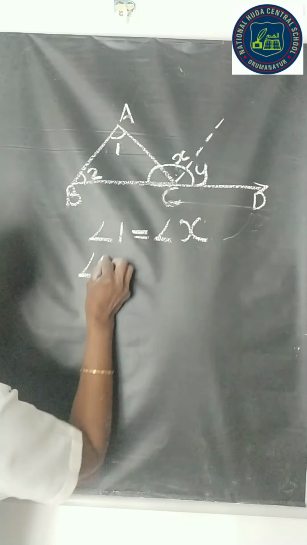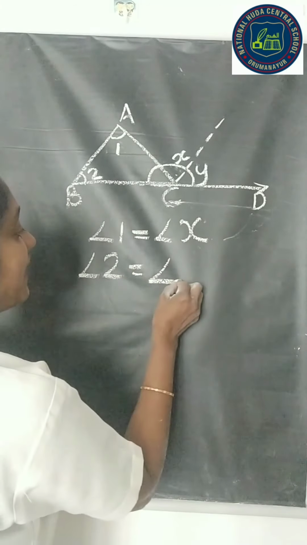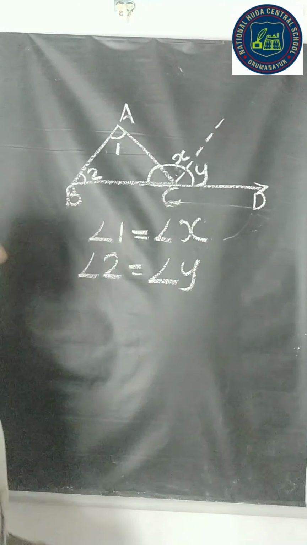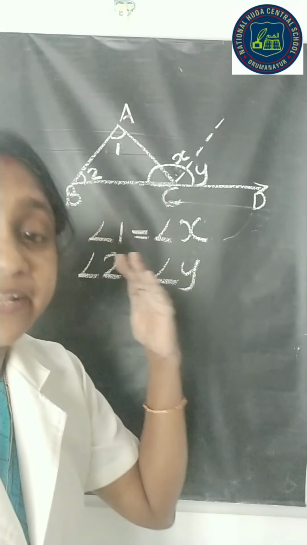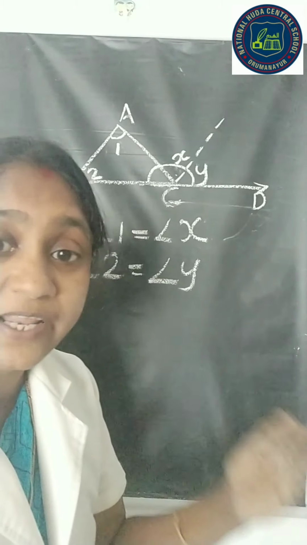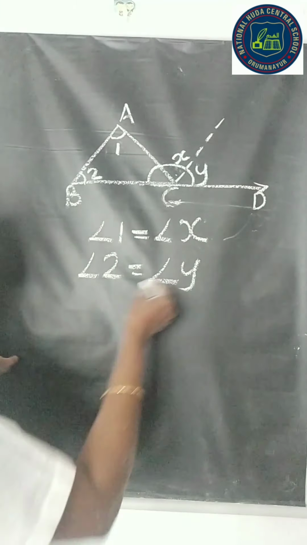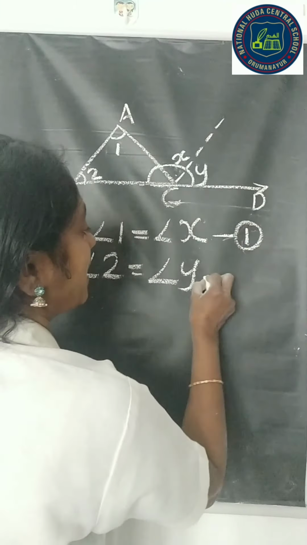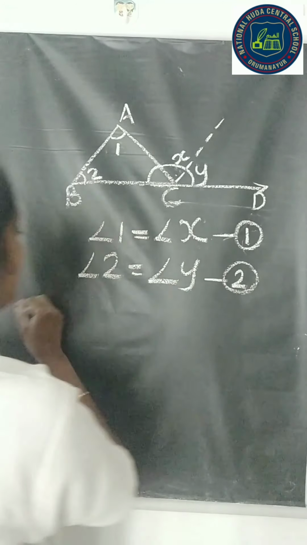Also, angle 2 is equal to angle Y because these 2 angles are corresponding angles. Corresponding angles will be equal. This is equation number 1 and this is equation number 2.